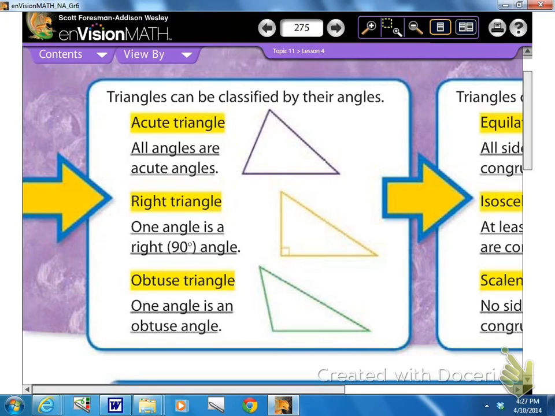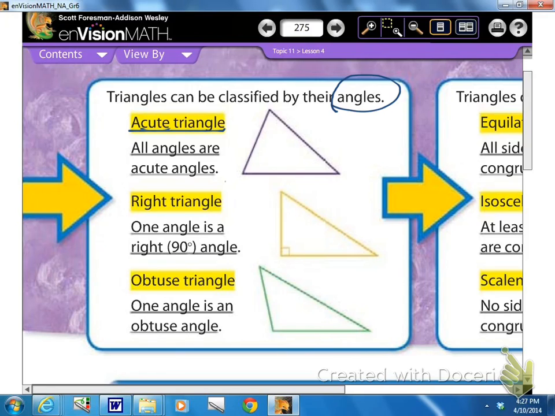Alright, look on page 275 and you can see triangles can be classified two different ways. First, they can be classified by their angles, the type of angles they have. So an acute triangle, notice that word cute, has all angles that are acute. So all angles are going to be less than 90 degrees.